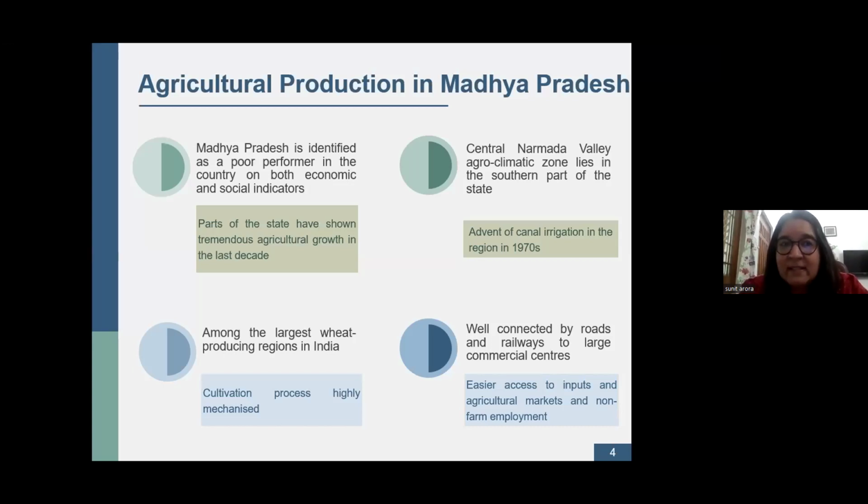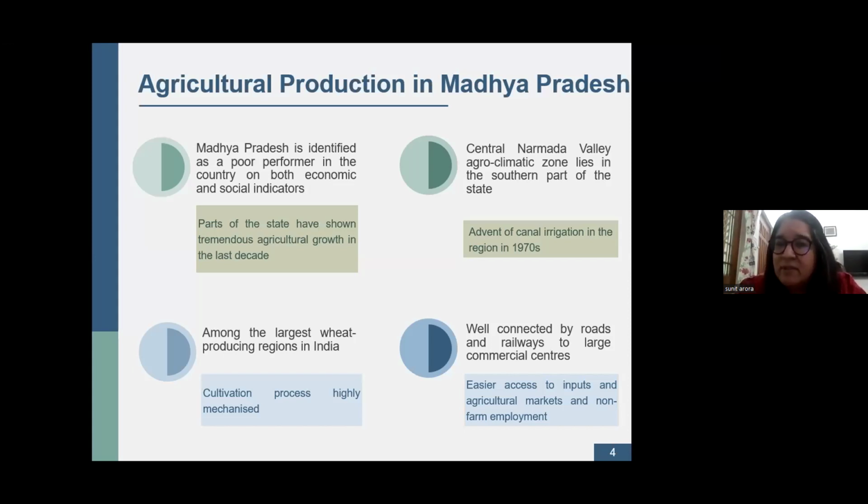The reason why this agricultural growth has been accelerating is because of this region in southern Madhya Pradesh, which is also called the Central Narmada Valley Agroclimatic Zone. Now, this region is specific because it has been irrigated by canals of reservoirs built on tributaries of river Narmada.